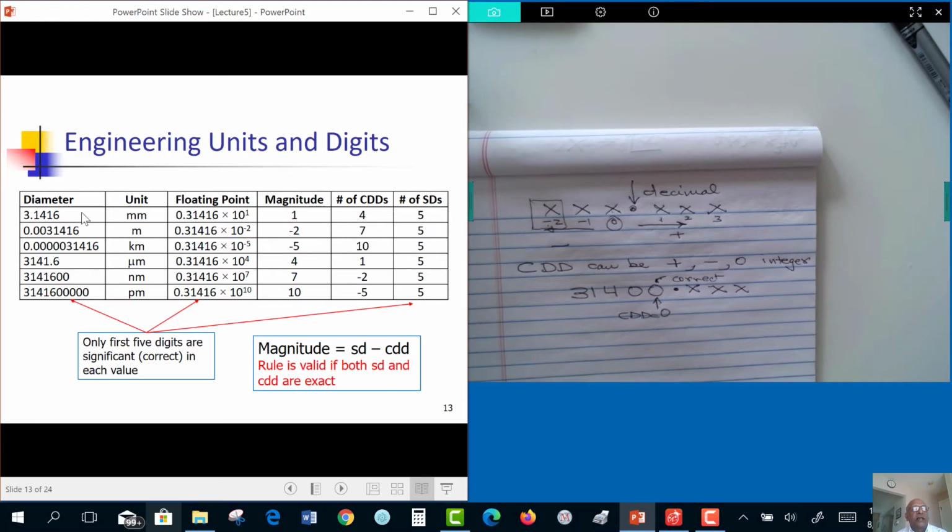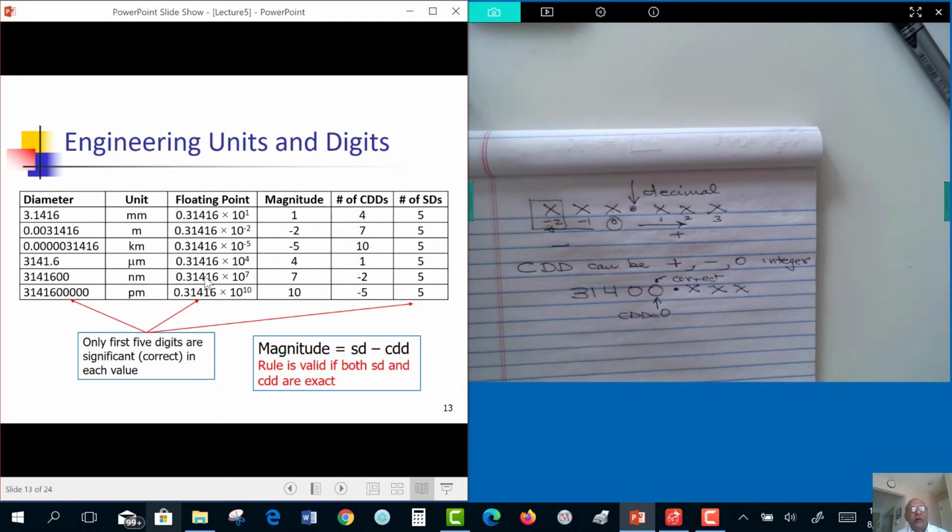Now let's look at, suppose our diameter was pi in millimeters. So we can express this diameter in different units. Here is meters, kilometers, microns, nanometers, picometers, etc. Here is the fractional way I've stated it.